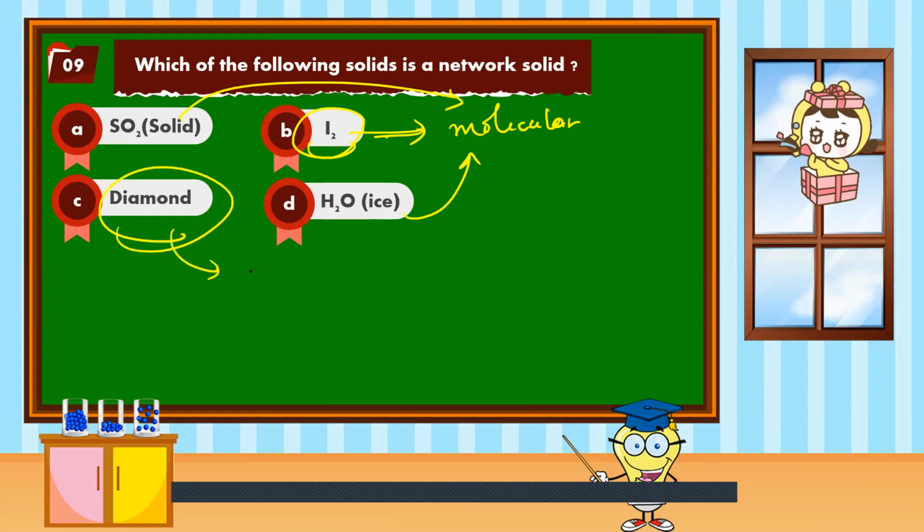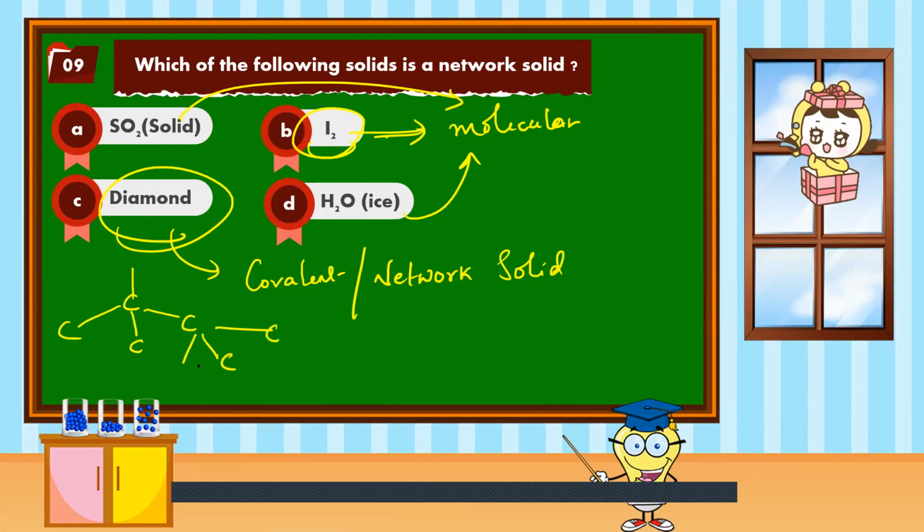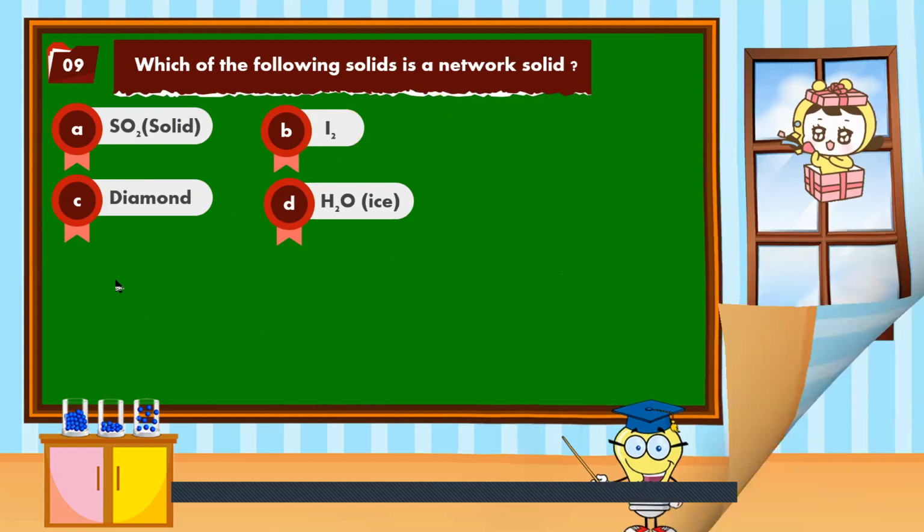Diamond is a covalent solid, which is also known as a network solid. What do you mean by covalent or network? Here if you see the diamond structure, each carbon is surrounded by 4, again each carbon is surrounded by 4. This type of network structure it is having. Option C is the correct answer.